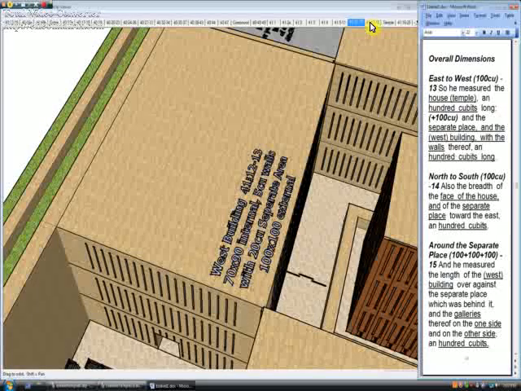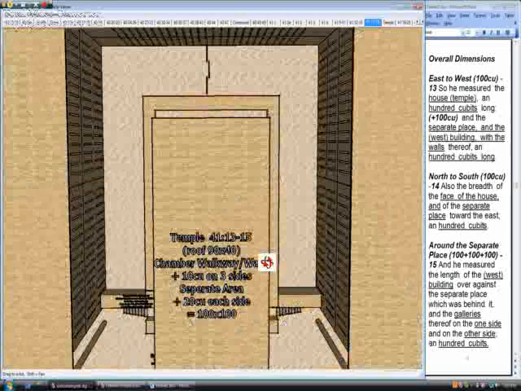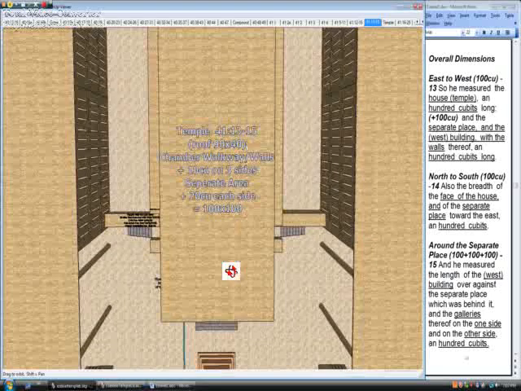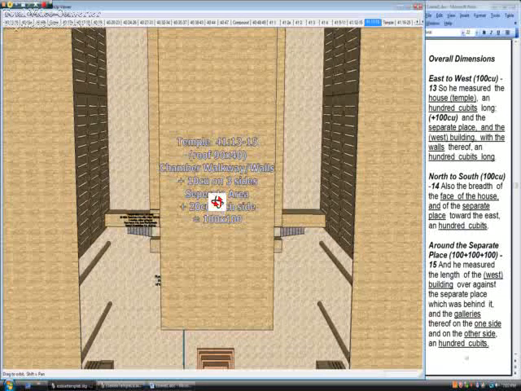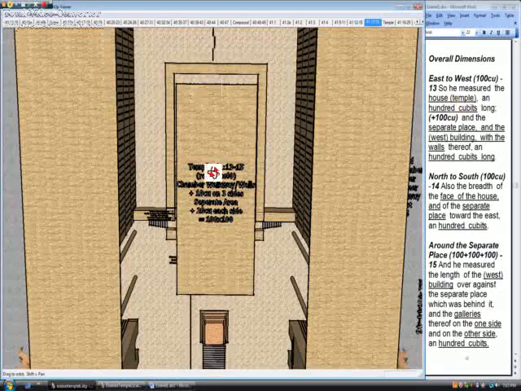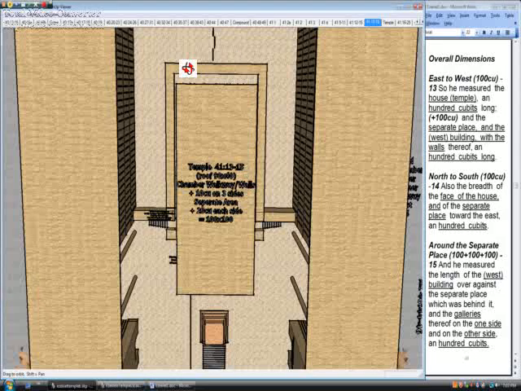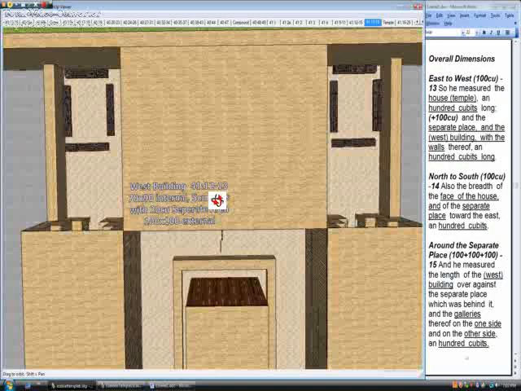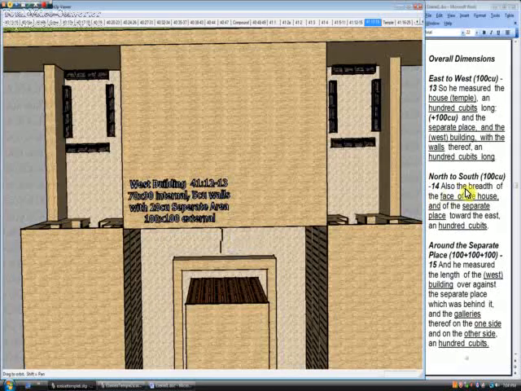For the overall dimensions, first he measures east to west, and he measures the temple 100 cubits long, counting this wall here for the outer wall of the side chambers, and then 100 cubits for the west building plus the separate space.